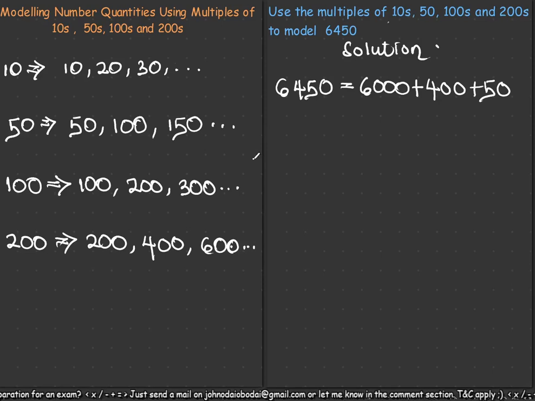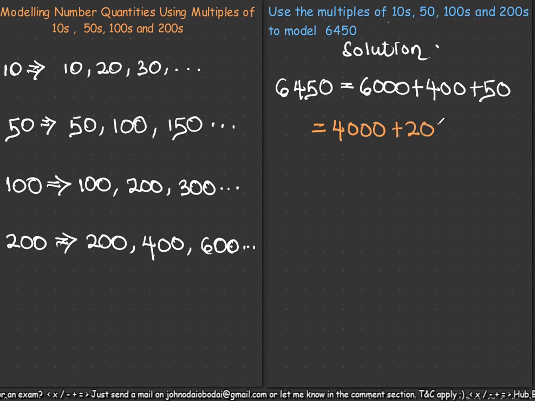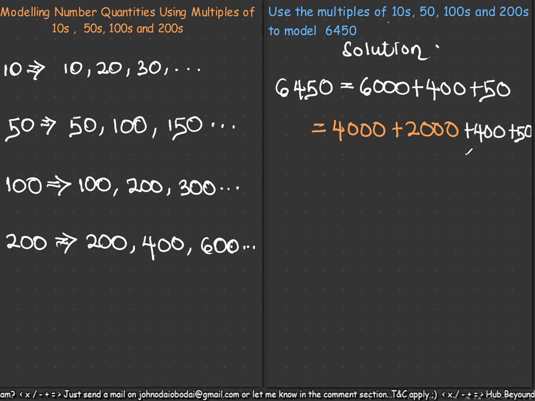You get it? So instead of what we have here, I'm going to rewrite my 6,000 as 4,000 plus 2,000. That is just for the 6,000 plus our 400 and then plus our 50. And that is it. So we now model our numbers.